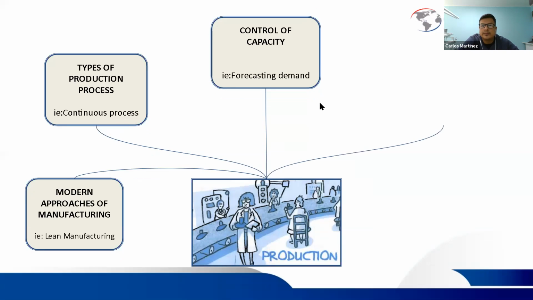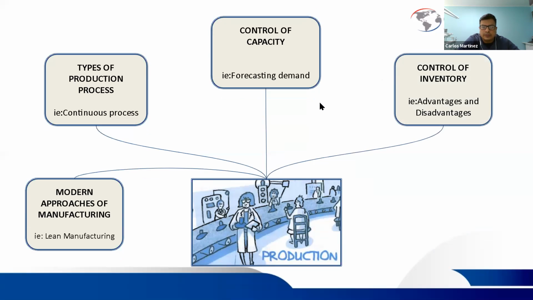Next, the control of inventory. It's very important to control inventory, as you know, because it is what we have to be able to create our product. There are some advantages and some disadvantages, believe it or not, and we're also going to talk about that.